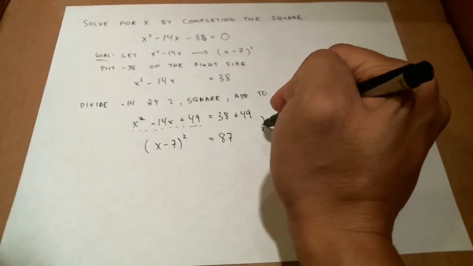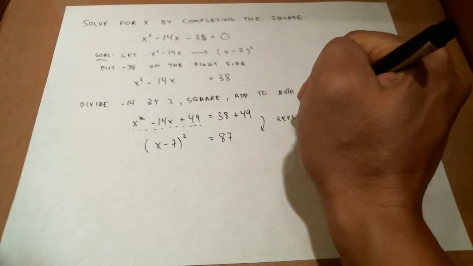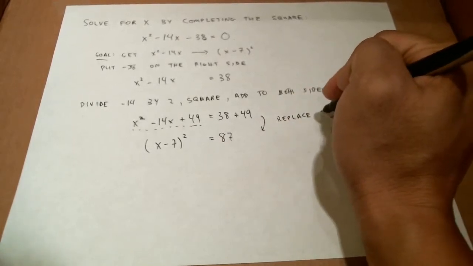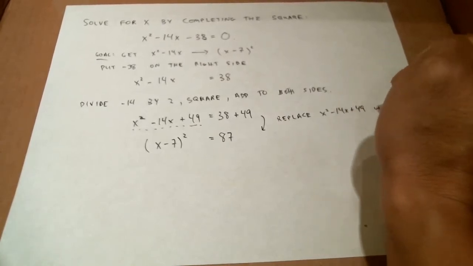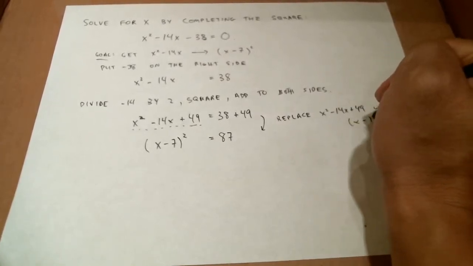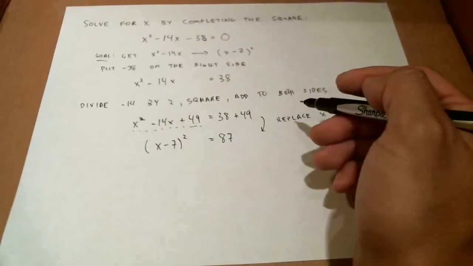So this line to this line, what we're trying to do is replace x squared minus 14x plus 49 with x minus 7 parentheses squared. And if you FOIL that out, you can see that they're equal, right?